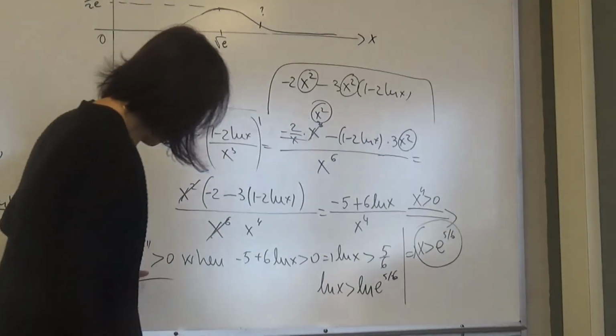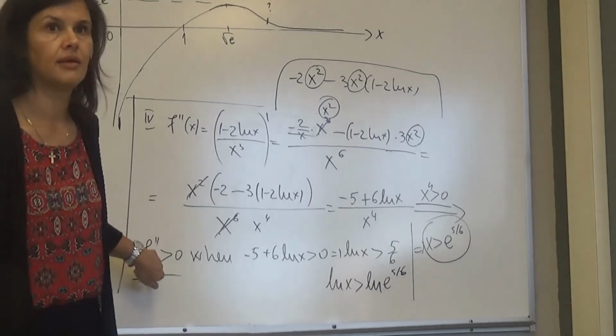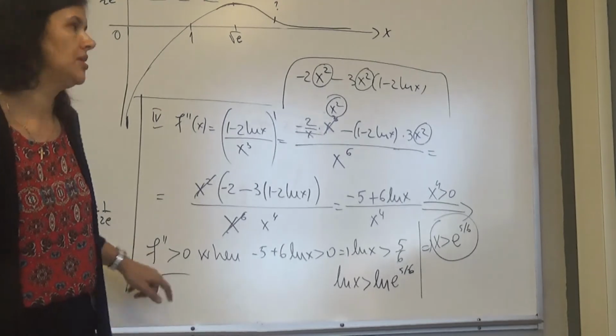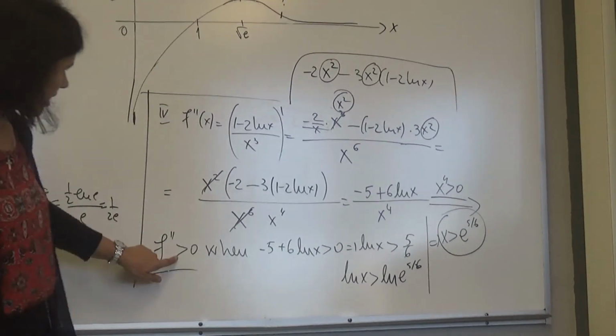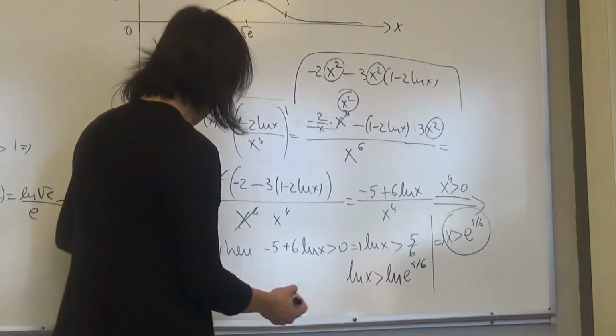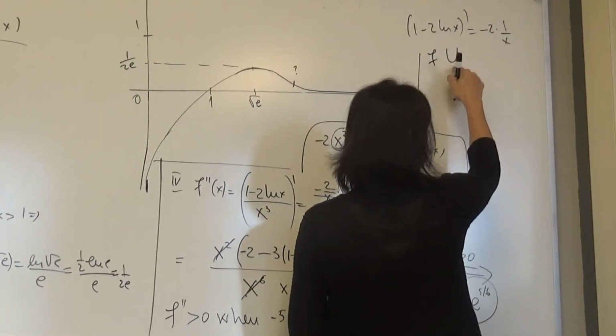So f is what? If f double prime is greater than 0, that means f is, no, this is f double prime, it's not f prime. Concave up or down, yeah? Concave up to the right of e to 5 over 6. Okay, concave up, yeah? So here, f is concave up. You understand what this is?